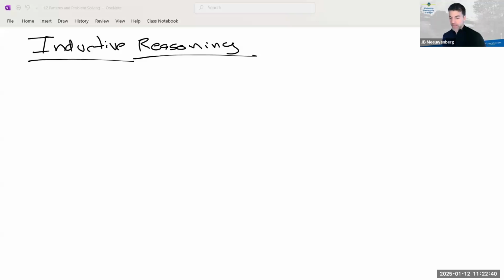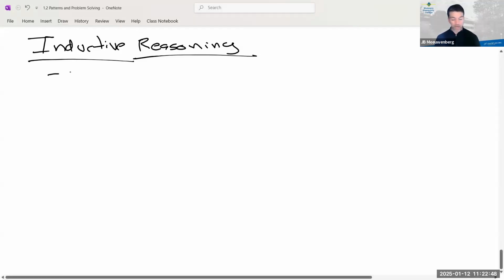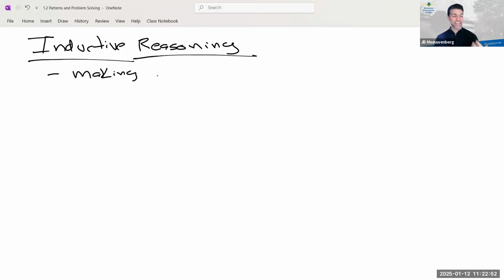Inductive reasoning is basically making some sort of observation, and then we are making informed guesses based on patterns.